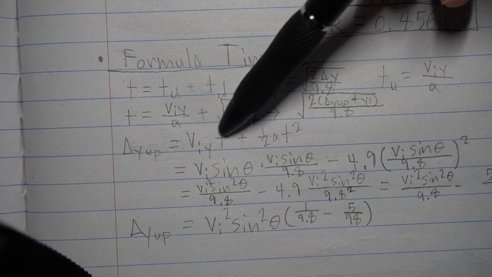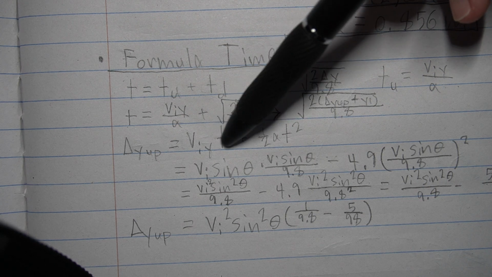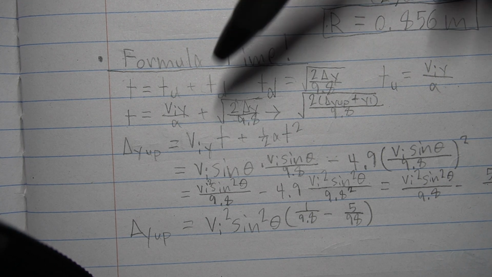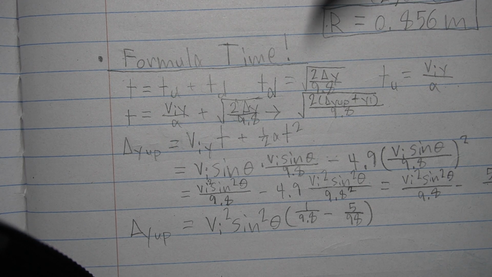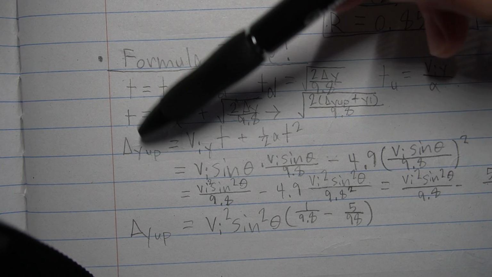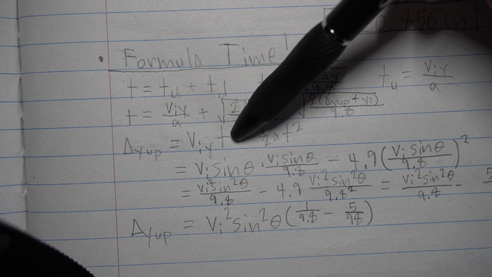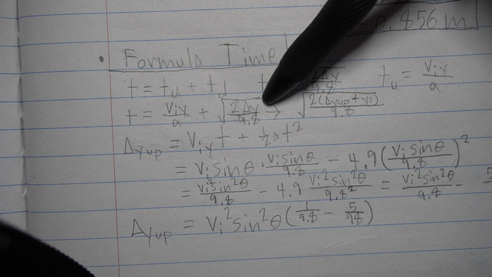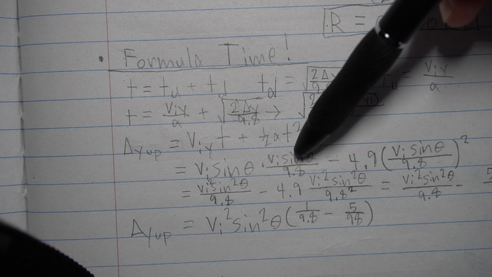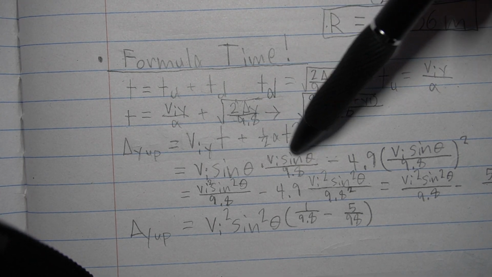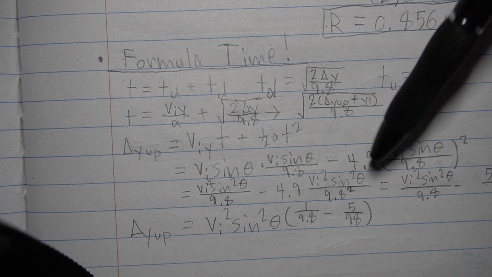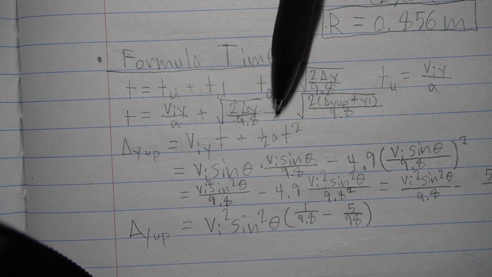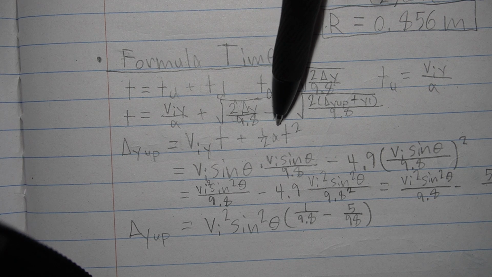T, we found T to be just T up. This is just T up because this is at the top of the arc, and the only time that's passed is the time that's needed to go up, which was just the initial velocity y over acceleration, which was 9.8, minus 4.9. I just combined these two terms.